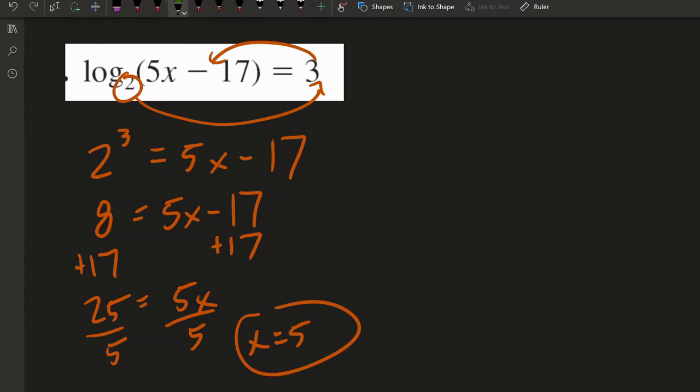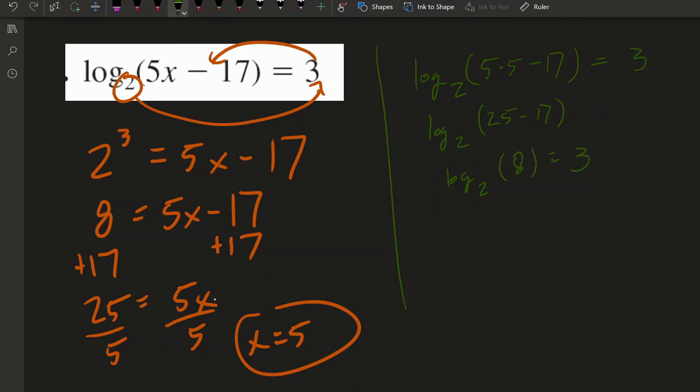Now, doing a check for an extraneous solution, I get log base 2 of 5 times 5 minus 17 equals 3. So log base 2 of 25 minus 17. Log base 2 of 8 equals 3.